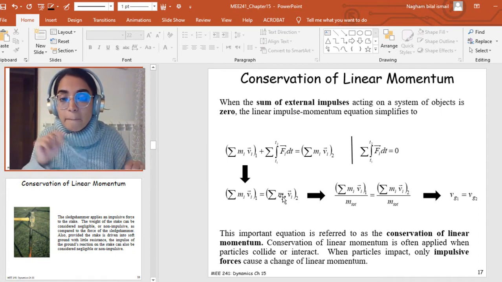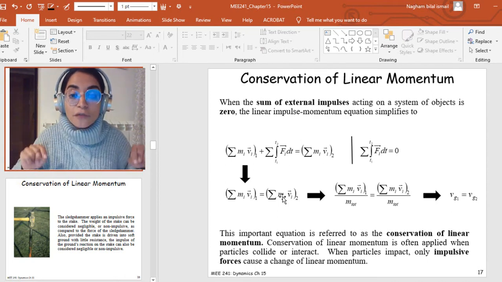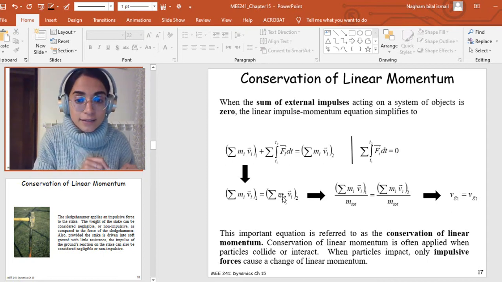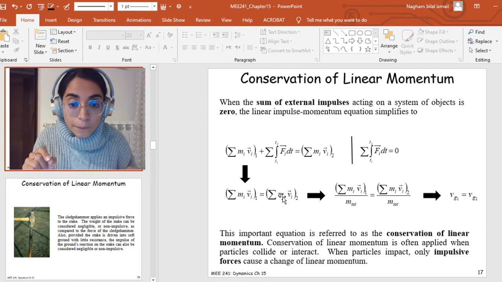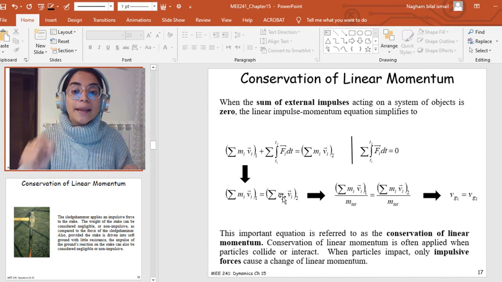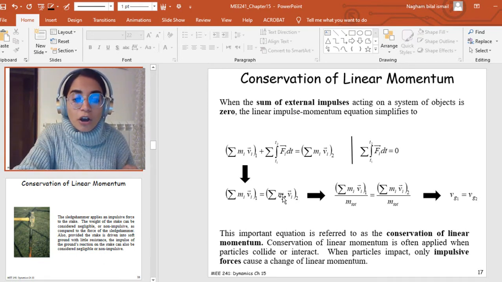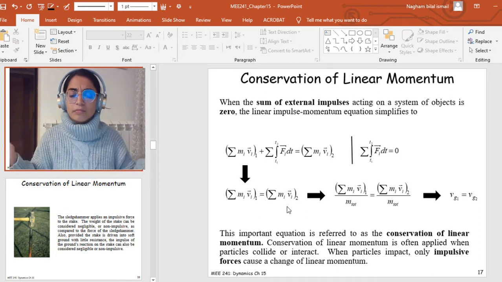Of linear momentum. So in the case of the sum of external impulses acting on a system of particles is equal to 0, the linear impulse momentum equation will be converted to the conservation of the linear momentum.